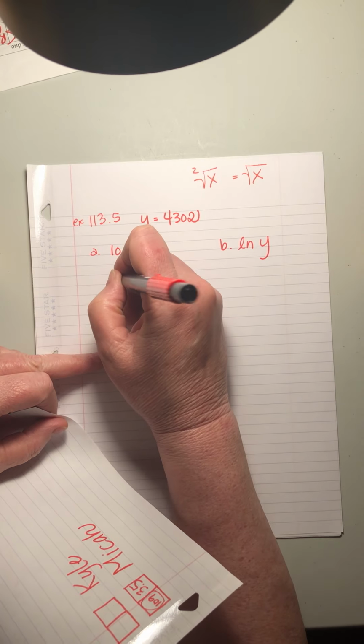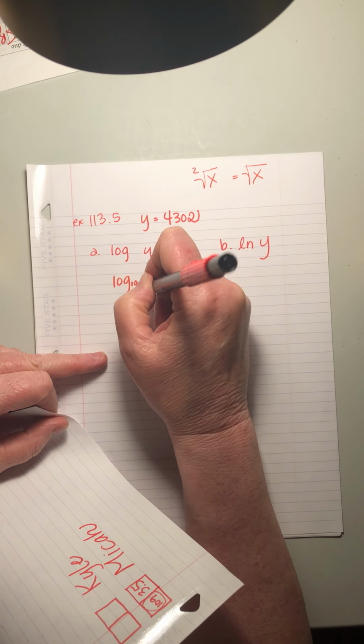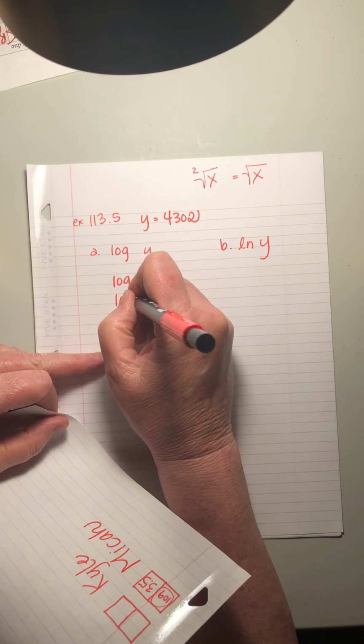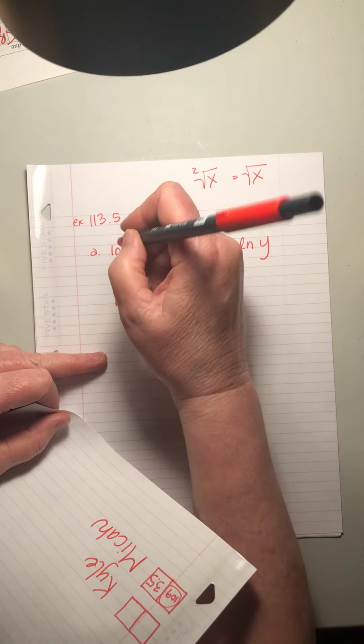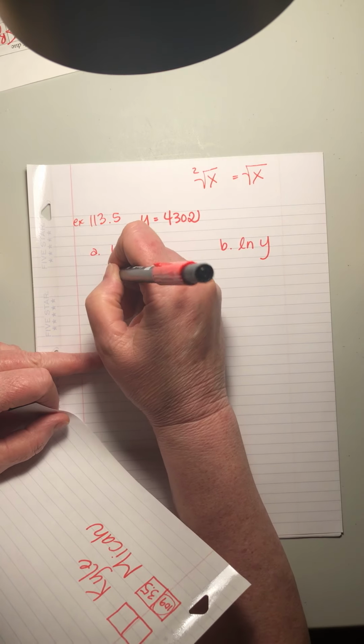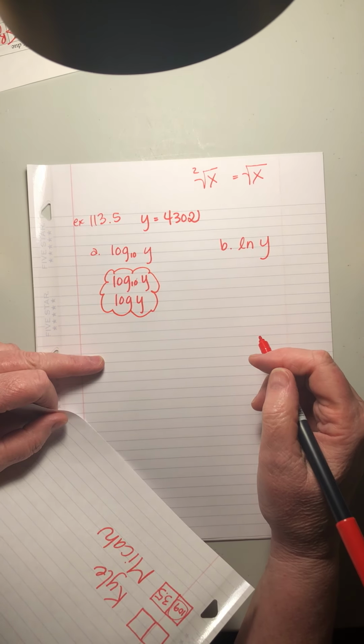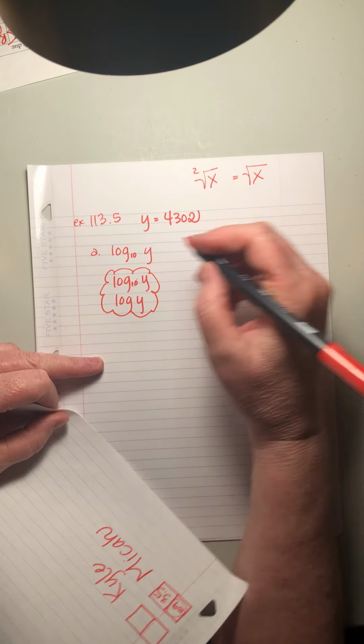We just do it like that. Same thing here. Log 10 y, we just don't even take the time because 10 is the most normal. So we just write it as that. So if it helps you to put in a little 10 there, that's fine, and I'll do that in the beginning. Okay? So let's find this.